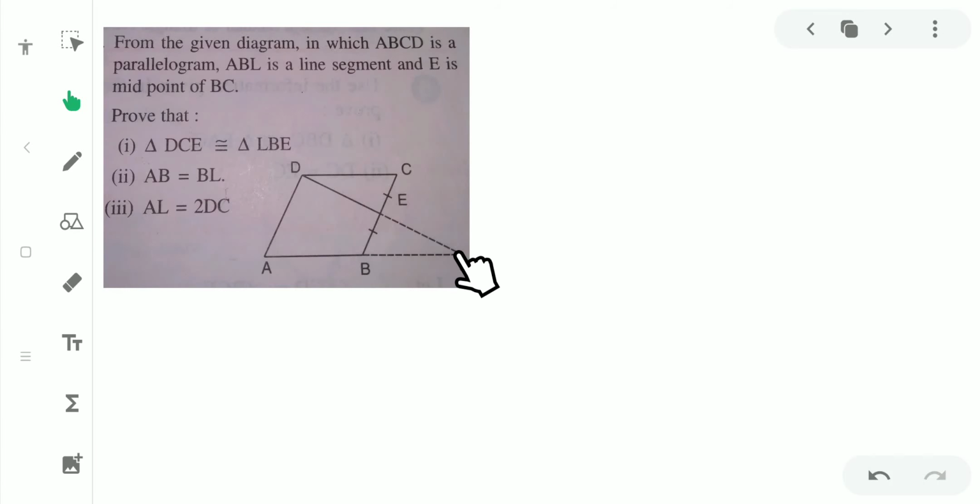ABL is a line segment and E is the midpoint of BC. So this is E and this is the midpoint of BC. Now what they are asking to prove is triangle DCE is congruent to triangle LBE.